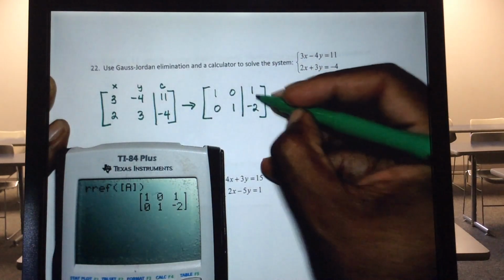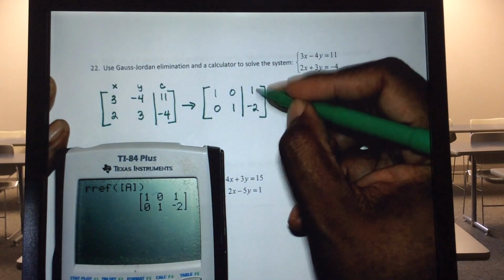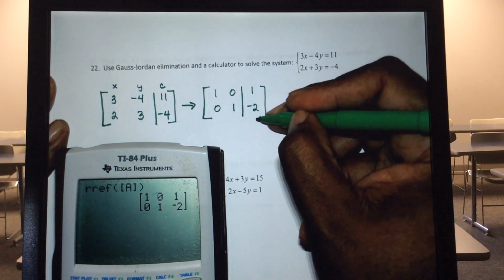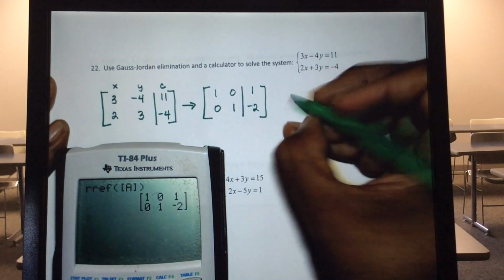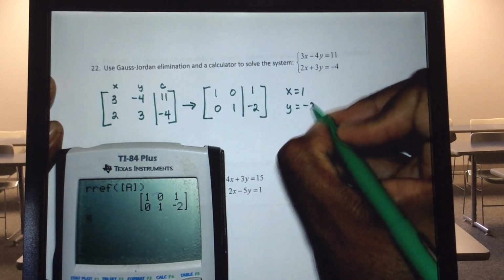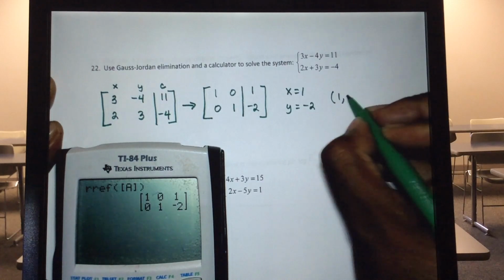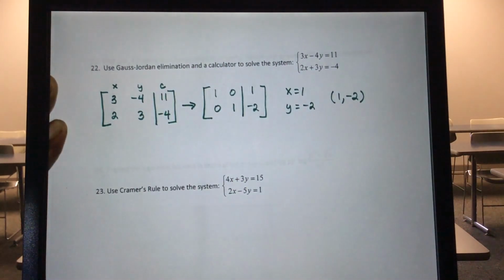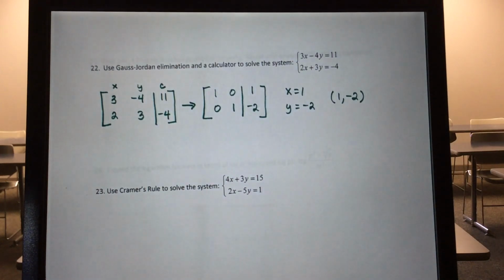And keep in mind the two numbers in the last column represent what x and y are. So here, that first number is your x, which is 1. The second number is your y, negative 2. So the ordered pair 1, negative 2 would be the solution to that system of linear equations.